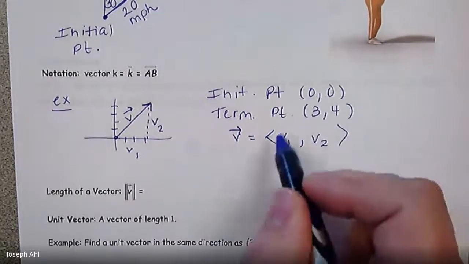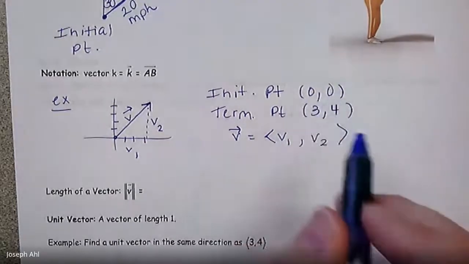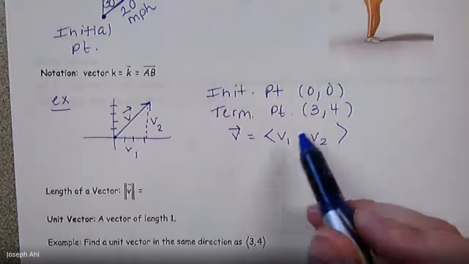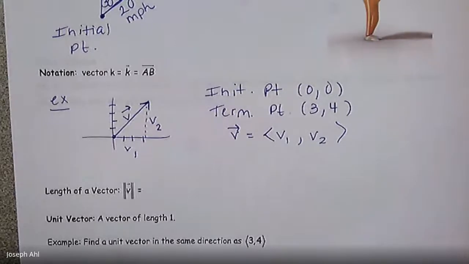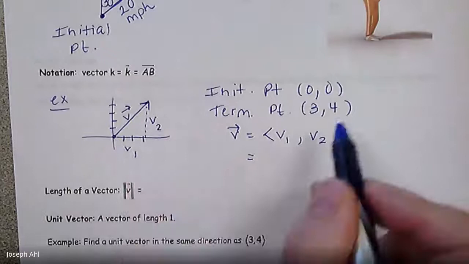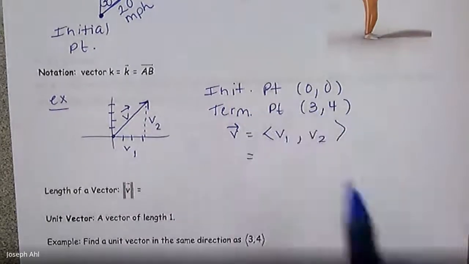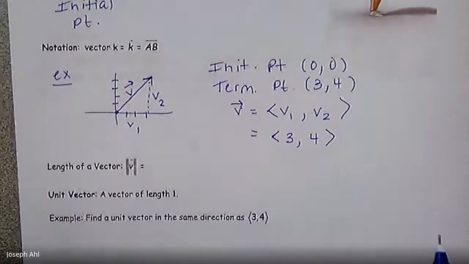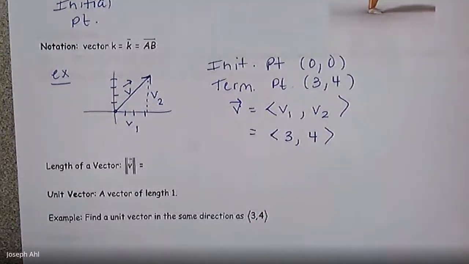Sometimes in the AP, you'll see parentheses used almost as if it were a coordinate point. So we just have to read carefully to know if they look like coordinates, are they really representing vectors there? All right, so you'll see both notations used. But according to the terminal point being at 3, 4, given that the initial point was at the origin, this vector in particular could be represented as 3, 4, the horizontal component and then the vertical component.